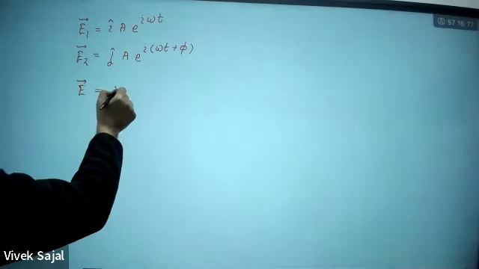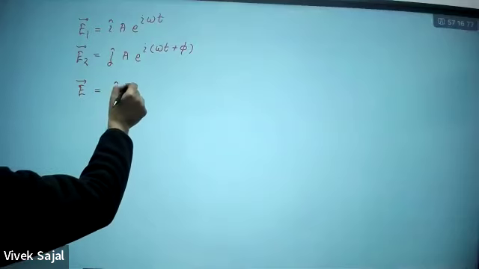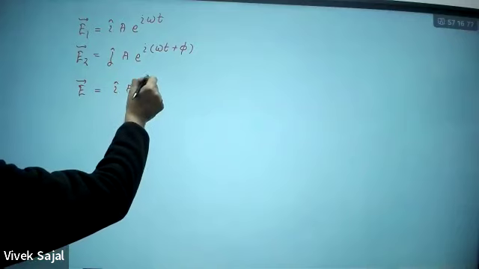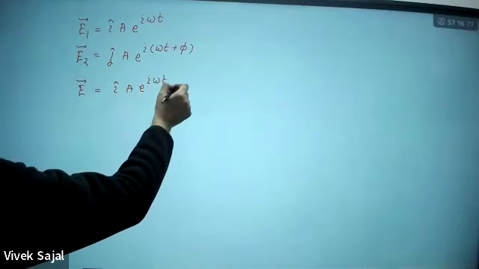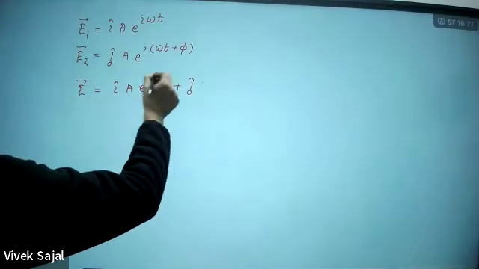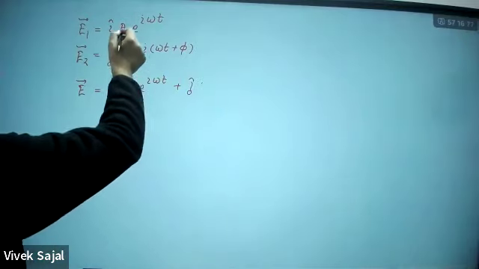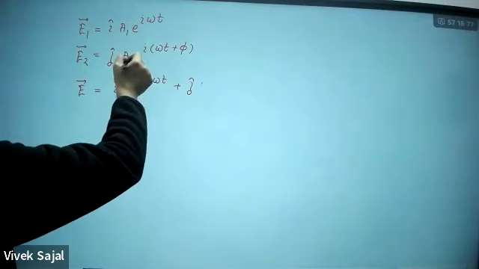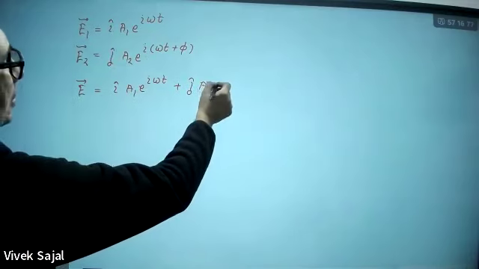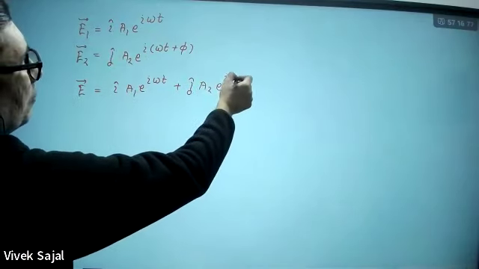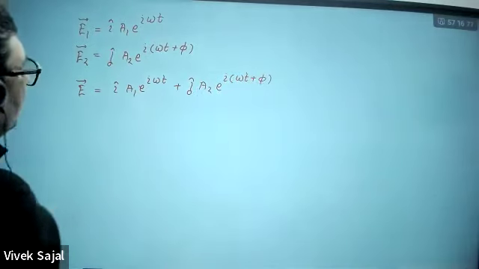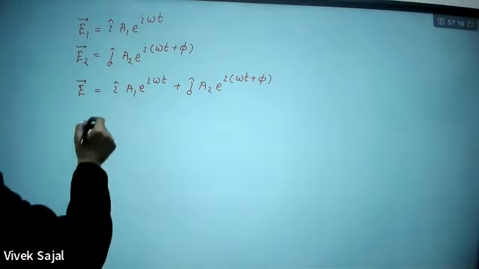This will be I cap A1 e to the power iota omega t plus J cap A2 e to the power iota (omega t plus phi). You can write this A1 and this A2, this is your choice. I just want to show you the same phenomenon in a simpler manner.